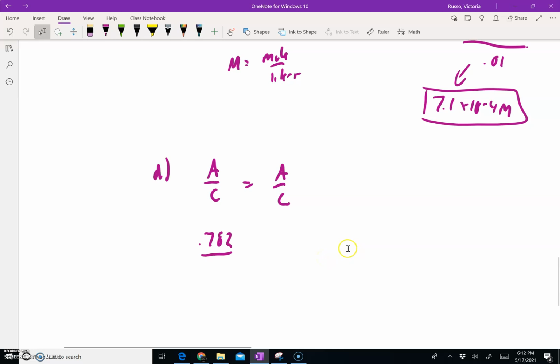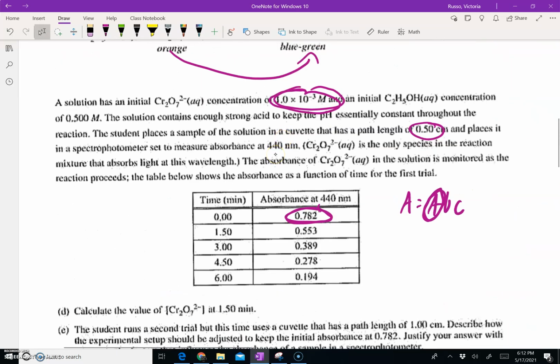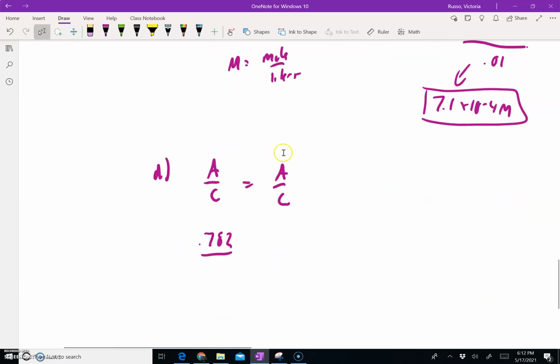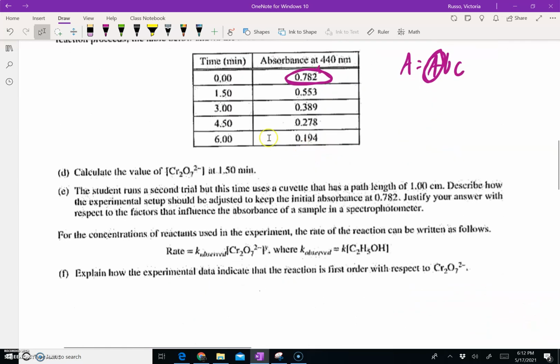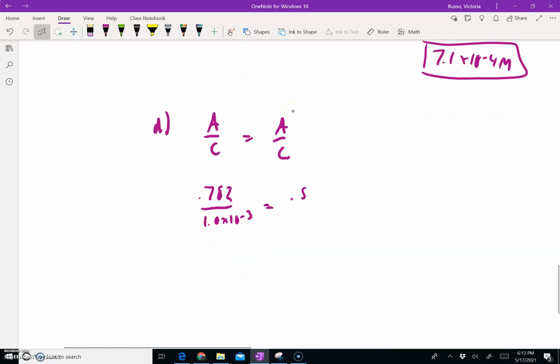And the concentration of that, if we scroll up, they tell us originally was 1.0 times 10 to the negative 3. And now they want us to find the concentration at 1.5 minutes. So we have the absorbance, which goes on top, 1.553, and then we can cross multiply and just get the concentration.